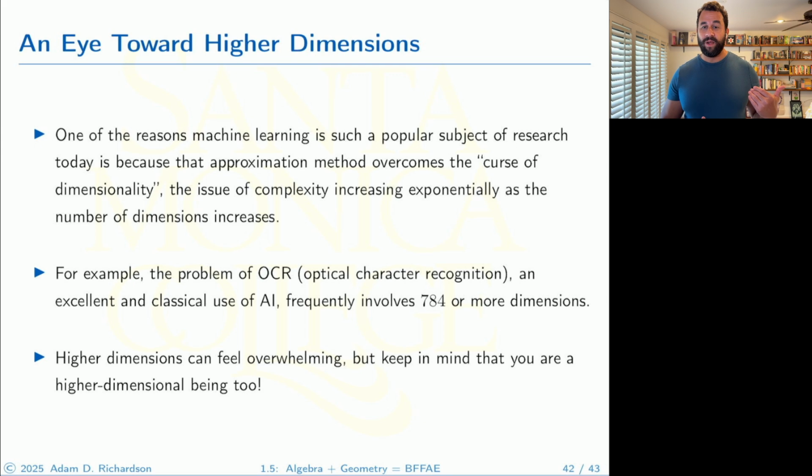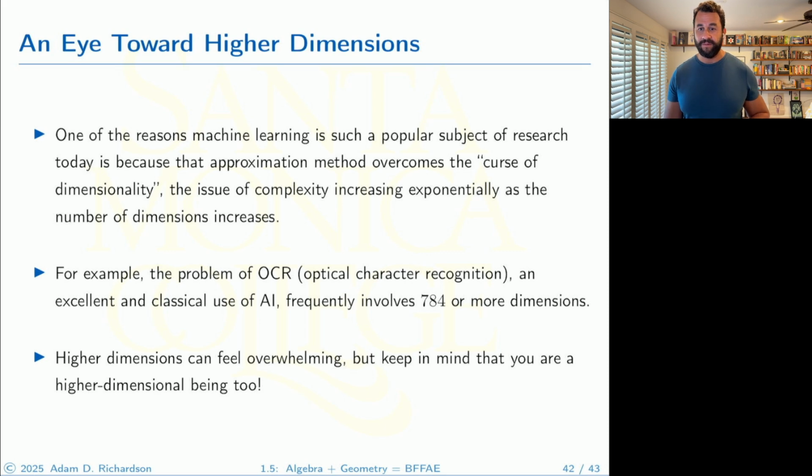One of the reasons that machine learning is such a popular subject of research today is because it's an approximation method that overcomes what's called the curse of dimensionality. Generally speaking, the higher number of dimensions you have, the more complicated the problem becomes, right? And it can get to the point where it's intractable, meaning computers can't handle it anymore. But machine learning has a way of getting around that using some clever mathematics that you all can read about later on.